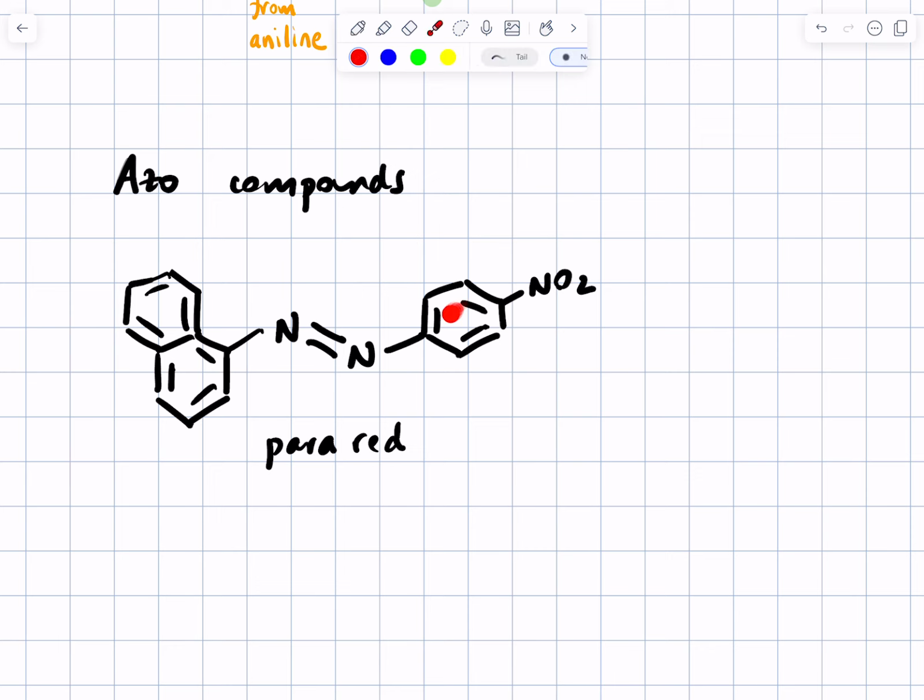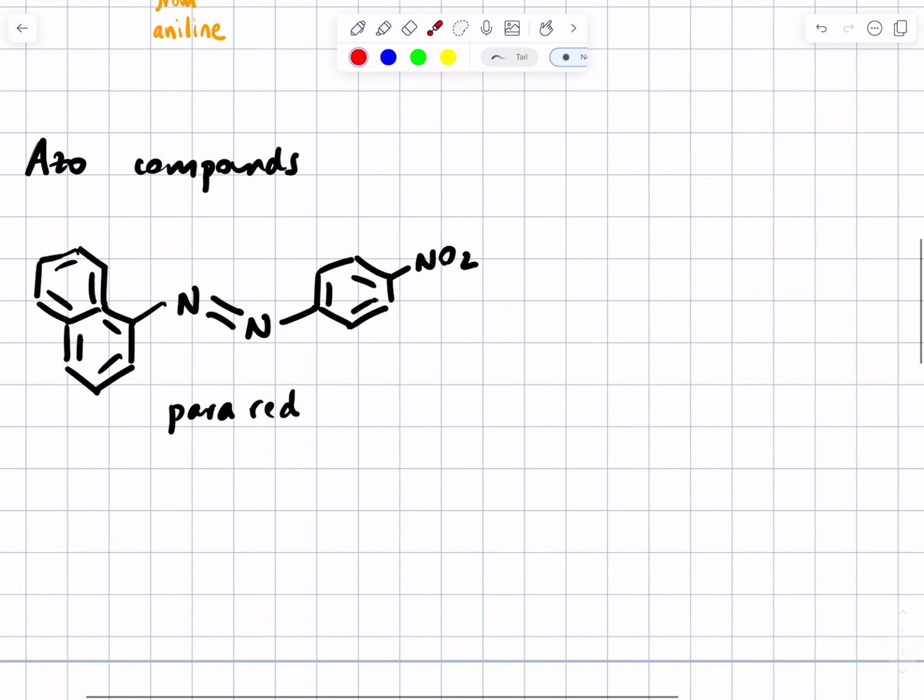And the idea is that the more conjugation you have, the more the gap between HOMO and LUMO gets to the point at which a photon of visible light will excite an electron from HOMO to LUMO and be absorbed. And of course, when molecules absorb light, they reflect other wavelengths of light, and so that's where we get colorful molecules from.